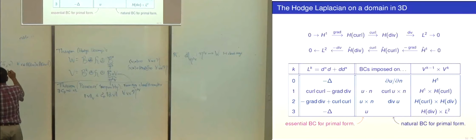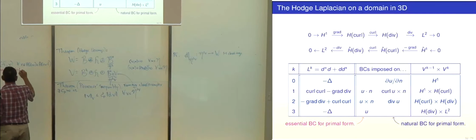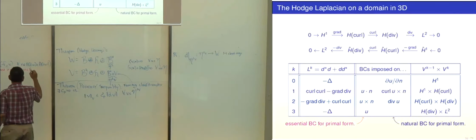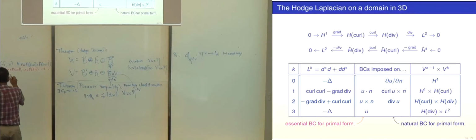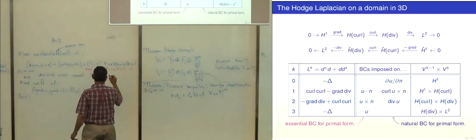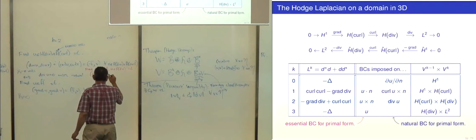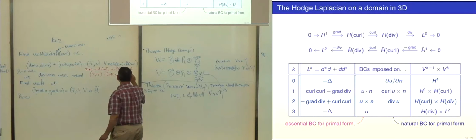So I want to find sigma in H curl and U in H div. And then I have sigma tau minus curl tau U is equal to 0 for all tau in H curl.